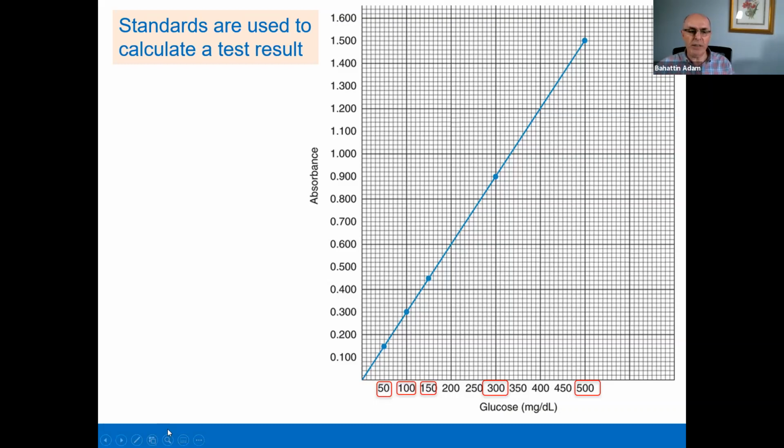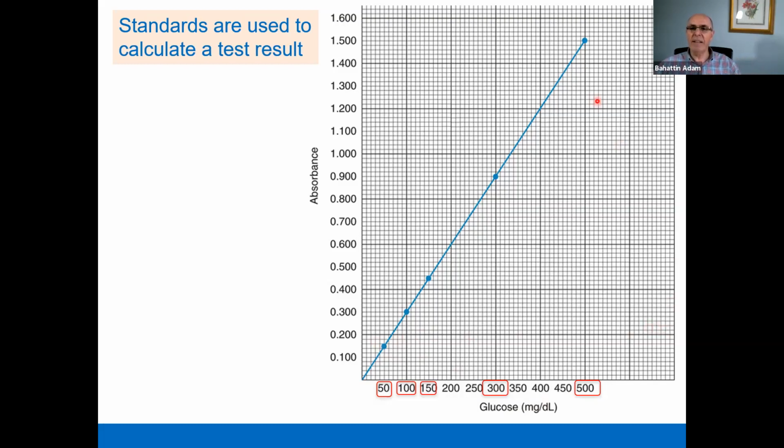As you see here, I am going to prepare different standards which contain 50 milligrams of glucose, 100 milligrams, 150, 300, and 500, different concentrations of glucose included in different standards.